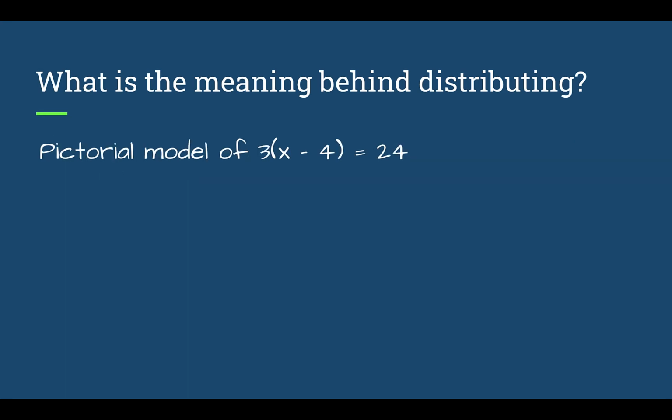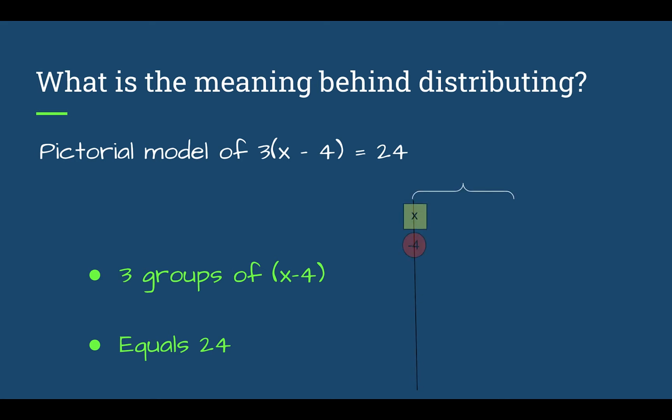If we wanted to come up with a pictorial model for this, again, 3 groups of x minus 4, but now it equals 24. If we wanted to go about solving it, we could use our process for hanger diagrams and figure out what value of x makes this hanger stay balanced.